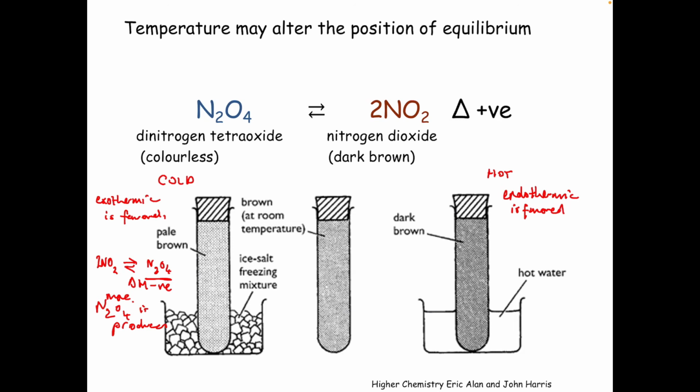So that is the reaction above, N2O4 to NO2, and that's delta H positive. So that is going to produce more NO2. That's going to be the brown colour, because NO2 is brown, and then this is going to be colourless.